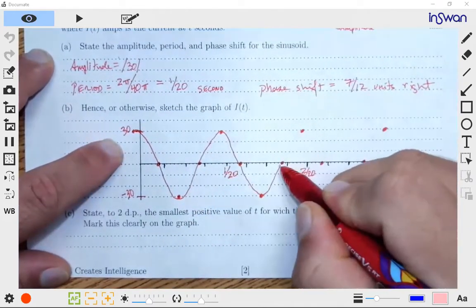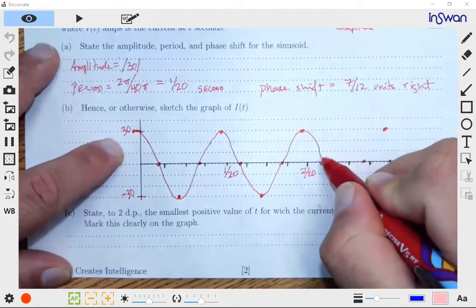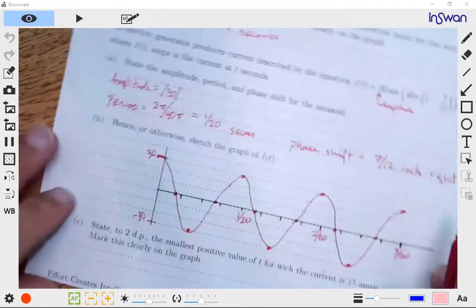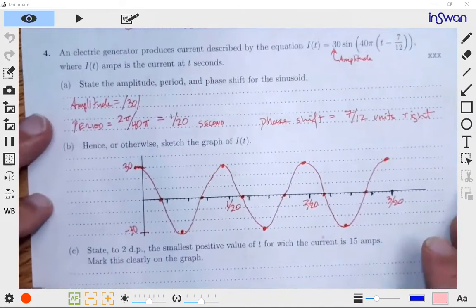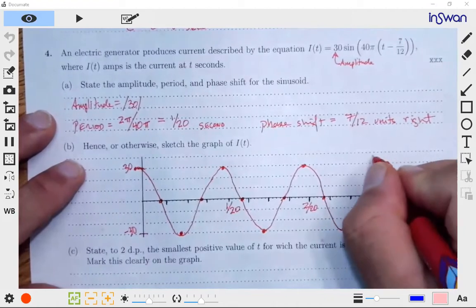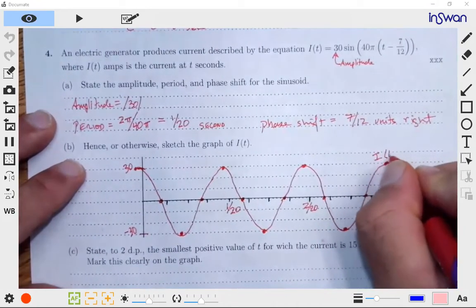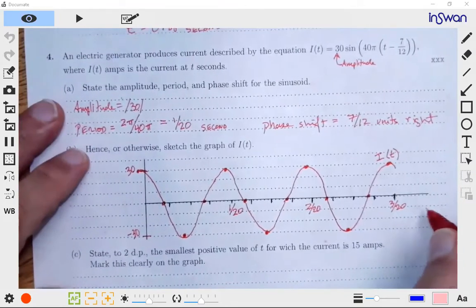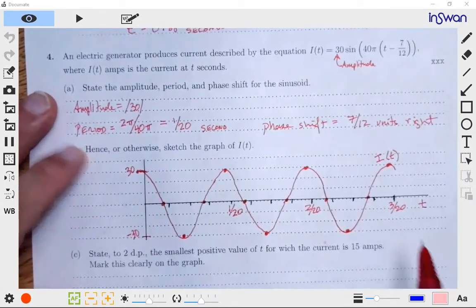It doesn't have to be beautiful, but it really shouldn't have straight lines. They should be curved. And so I have a sketch of my graph of I of t, and t are my units.